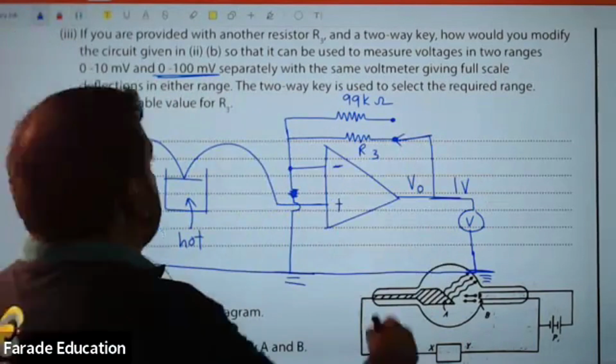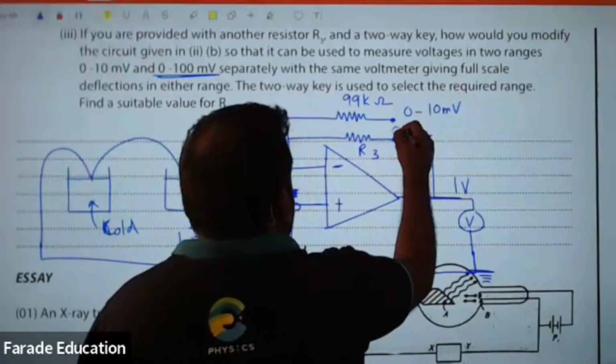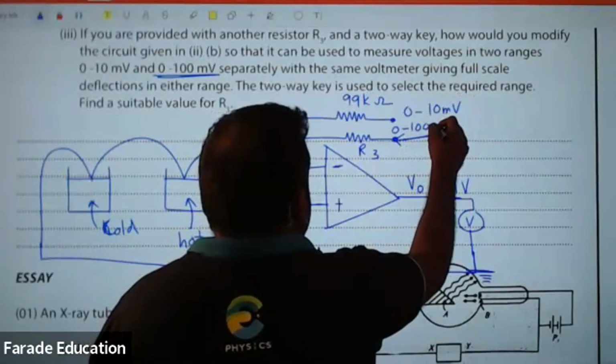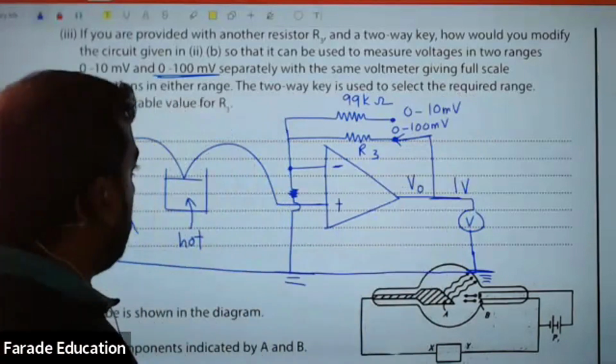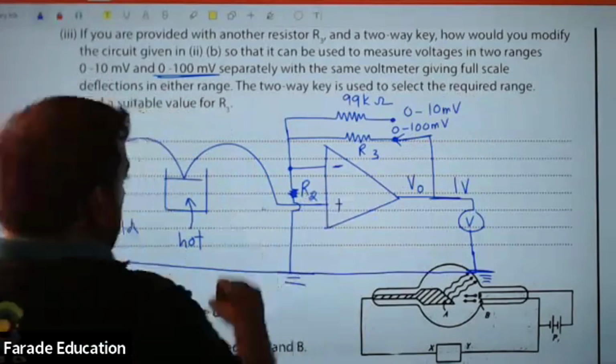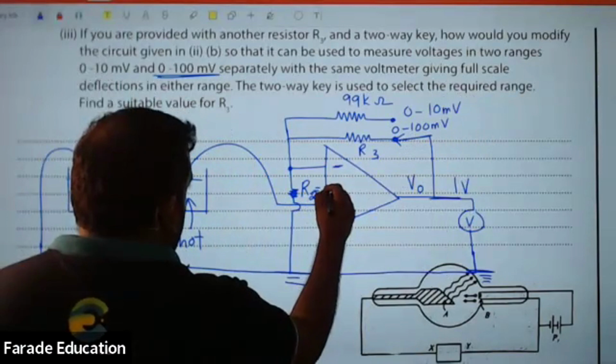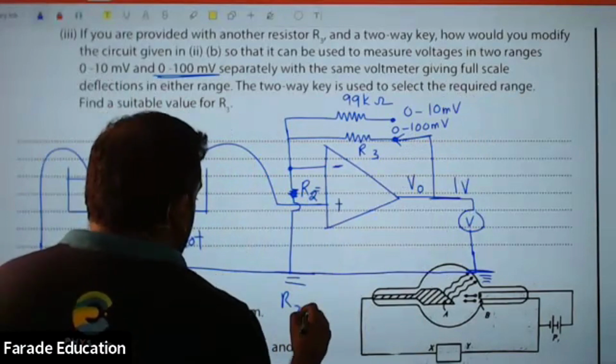So this will be 0 to 10 millivolt range. That's going to be 0 to 100 millivolt range. R2 value is 1 kilo ohm, no change.